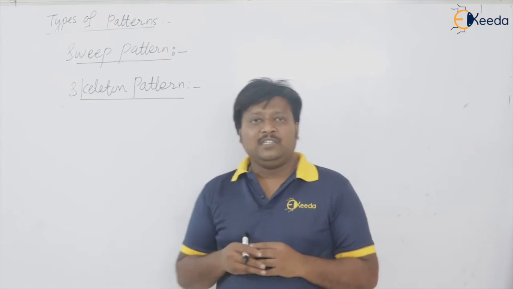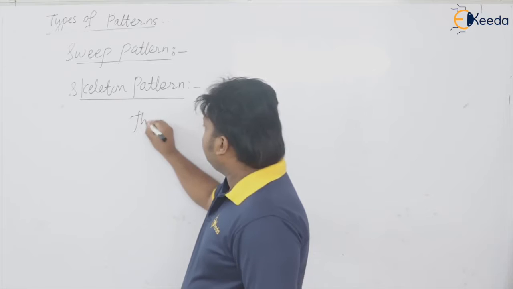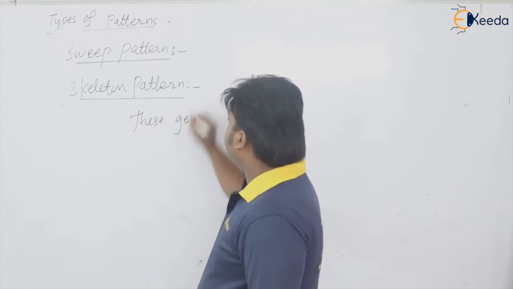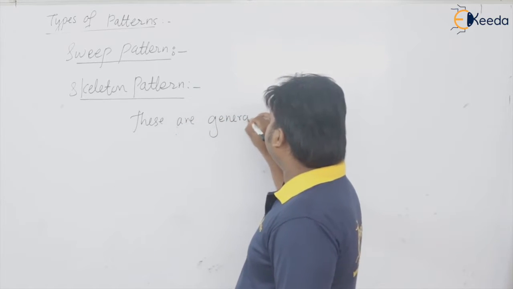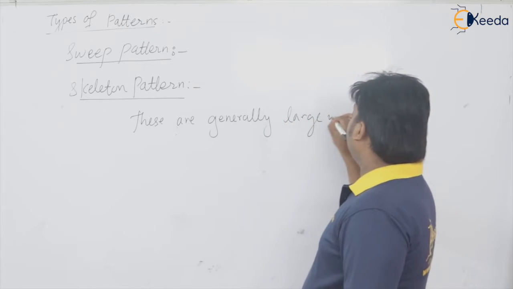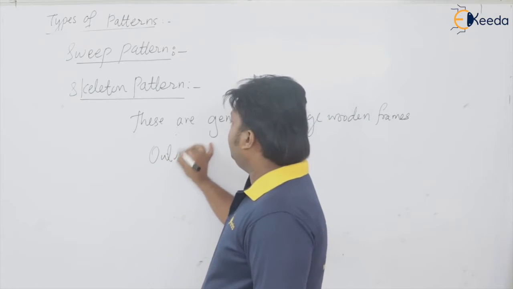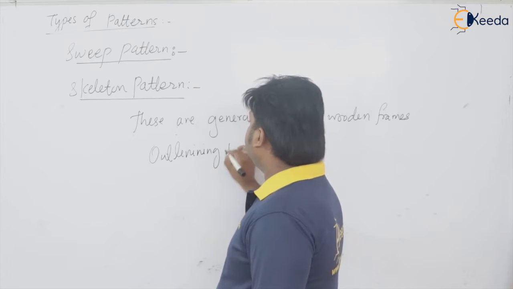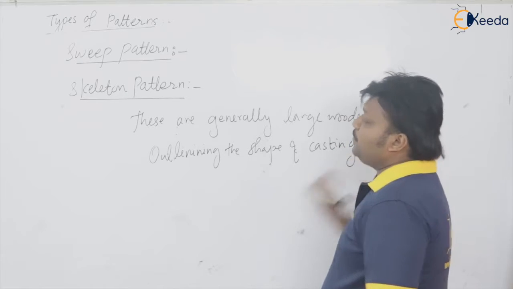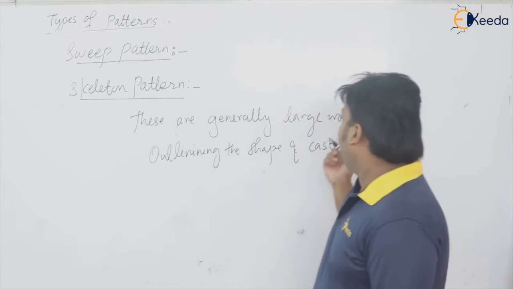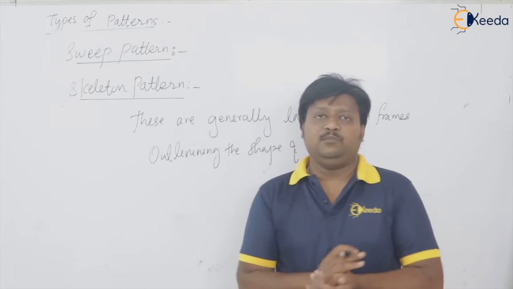So the skeleton pattern is nothing but these generally large wooden frames outlining the shape of the casting. Okay, so generally these skeleton patterns are made of wood, and simple geometrical shapes are made by this skeleton pattern.